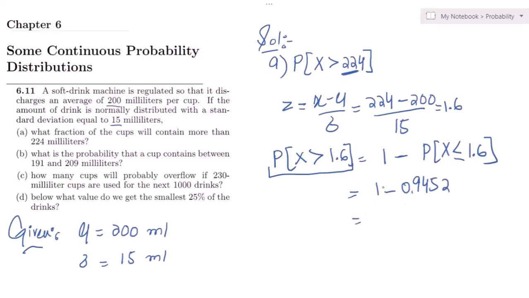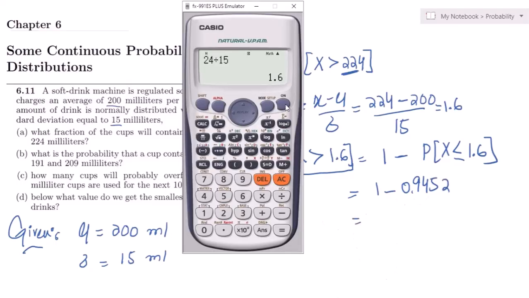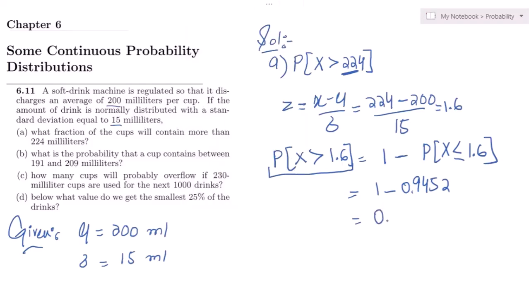Let me subtract it from 1: 1 minus 0.9452 is 0.0548, and this is around 5.5%. So 5.5% of the cups will contain more than 224 milliliters. That is the solution of part A of our question.